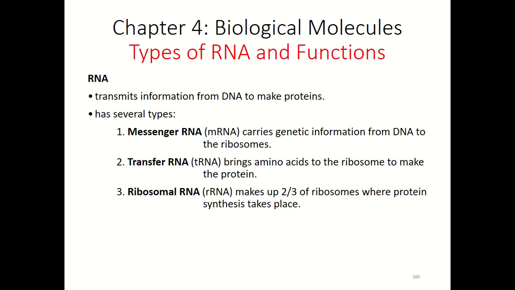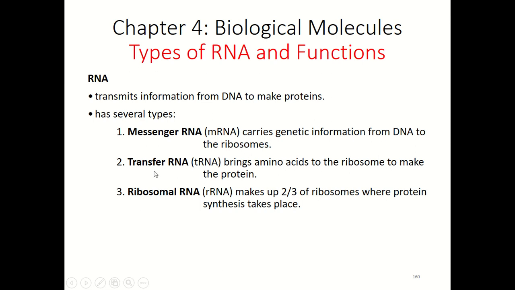So RNA, which is an example of nucleic acid, has three types. We have messenger RNA, transfer RNA, and ribosomal RNA, in which their function is to transmit the information from DNA to make a protein. So mRNA carries genetic information from DNA to the ribosome.